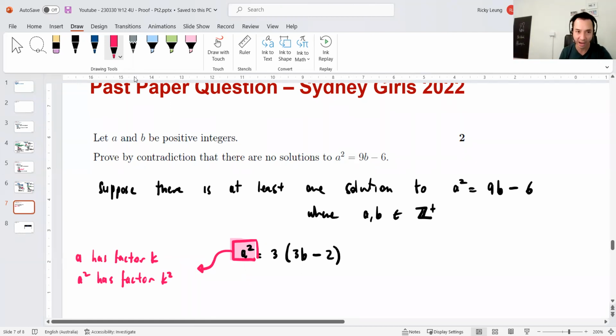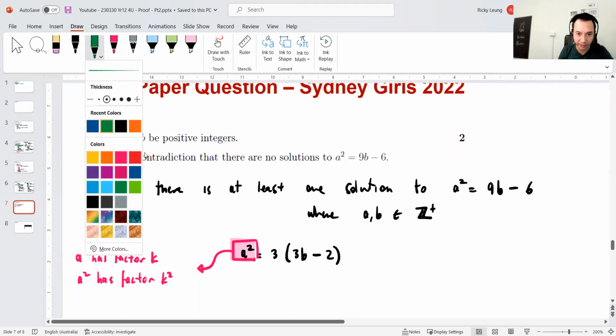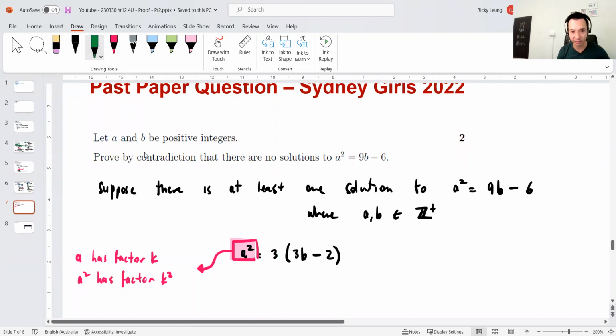That's important because right now I can see that a squared equals 3 times something. There's a 3 here, so I need to confirm that this guy has a factor of 3. Because if there's a 3 already, I need the 3 to repeat. I need a repeatable squared number that's a factor.